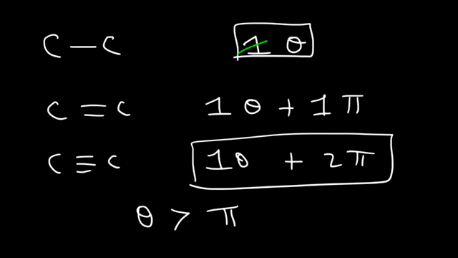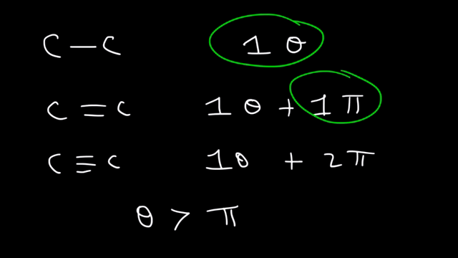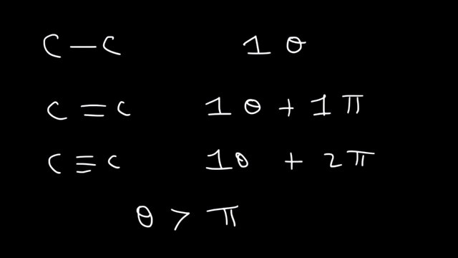So these 2 sigma bonds, let's assume they're equal. The triple bond's going to win because it has 2 additional pi bonds. But if we compare one sigma versus a pi bond, the pi bond is weaker. It's easier to break a pi bond, but it's harder to break a sigma bond. So just keep that in mind. Sigma bonds are stronger than pi bonds.